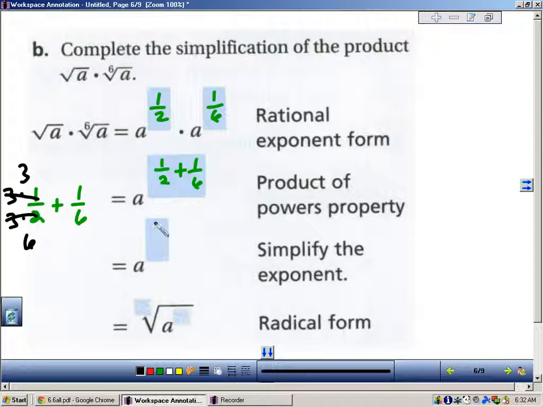And 4 over 6 simplified is what? 2/3. Okay? So this becomes 2/3. And that's going to simplify it. So I cross that off and write it as 2/3. And then write it in radical form. Again, your denominator is the root. The exponent is the numerator. And this is the simplified radical form of the original expression here.